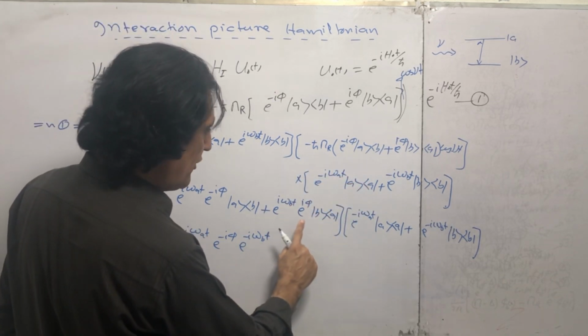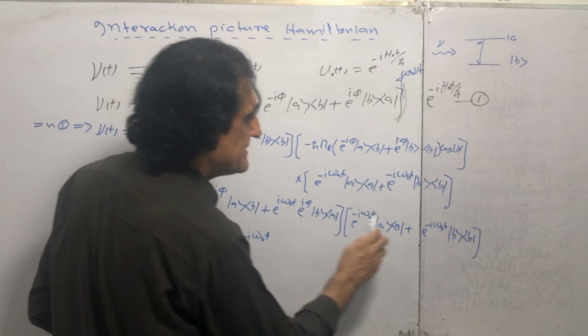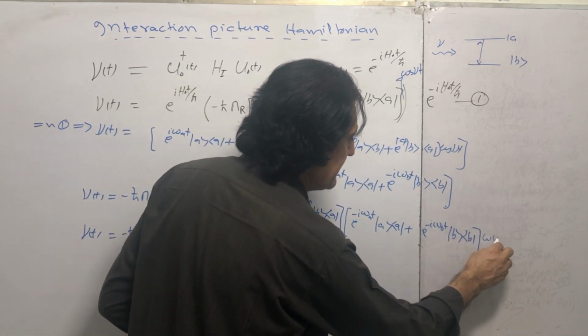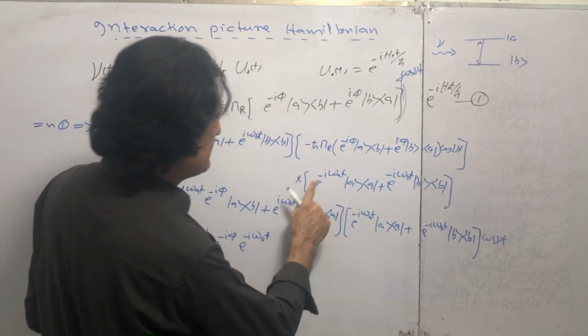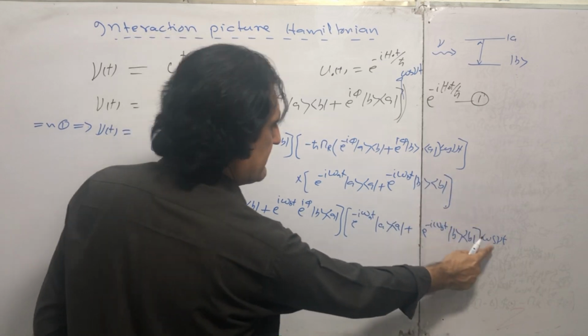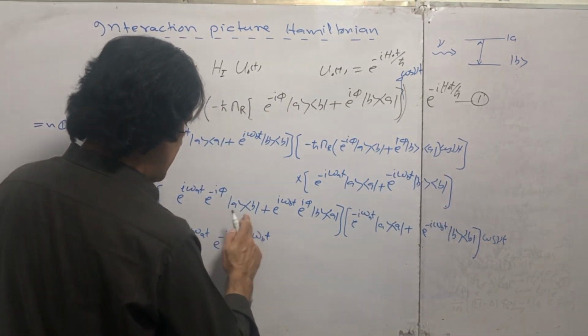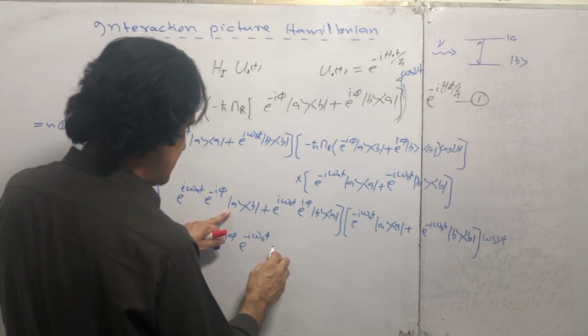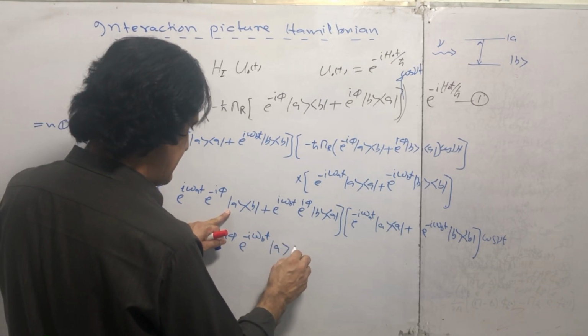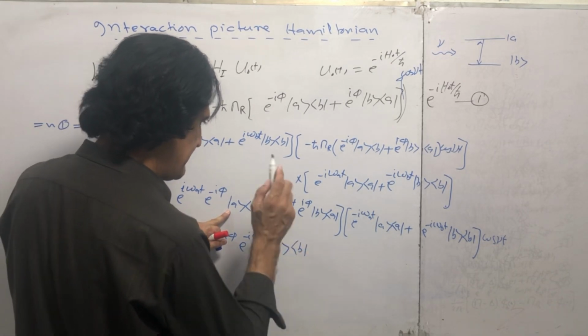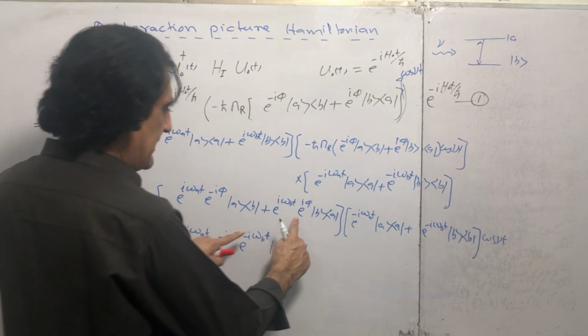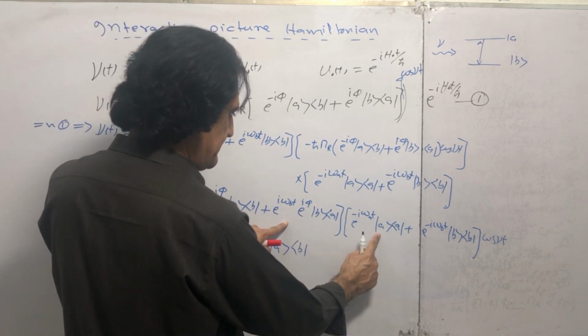One thing we have missed here, and this is cosine of nu t, because cosine of nu t is here. So this will be in multiplication. And we have ab. And then multiply this term with this term.